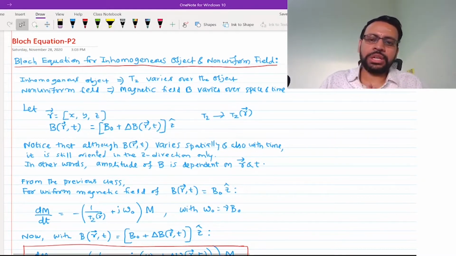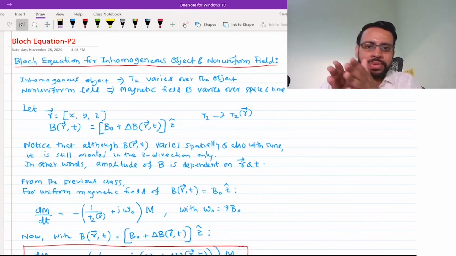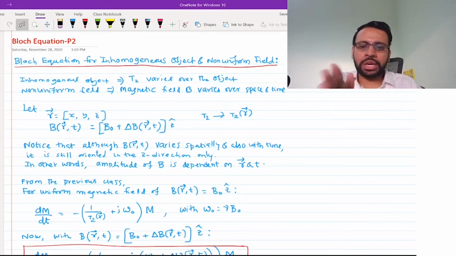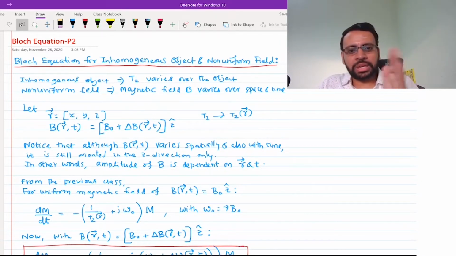So as I mentioned, inhomogeneous object means the T2 value varies spatially. And non-uniform field means, let's say now we are going to use X, Y, Z. For a compact notation, I'm going to use an R bar vector, that's in fact a vector with components X, Y and Z. Now the modifications that come because of an inhomogeneous object are very trivial.